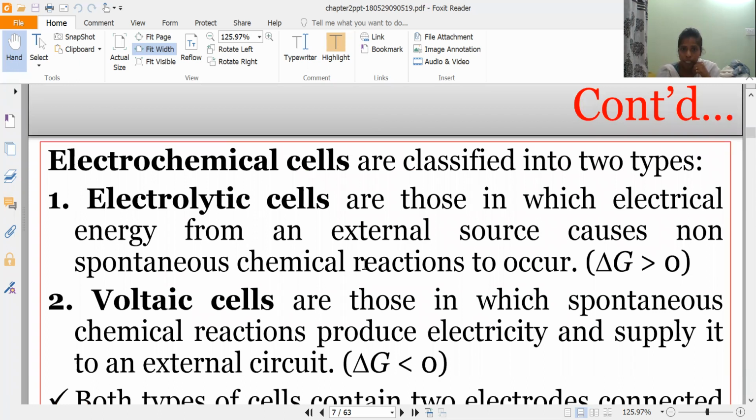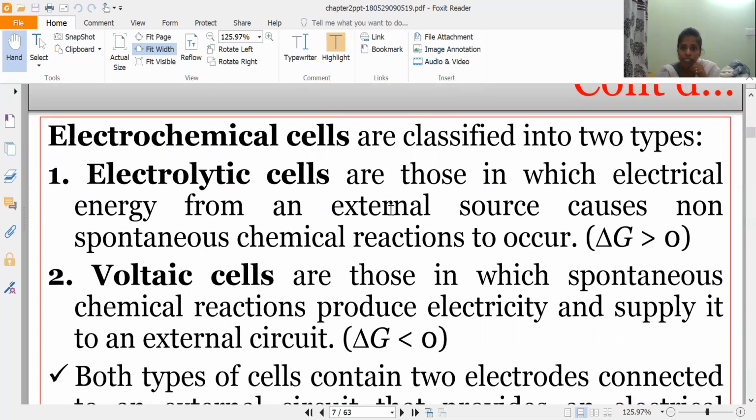Now, electrochemical cells. How many types of electrochemical cells do we have? Two types. One is electrolytic and another one is the galvanic cell. Galvanic cell is also called a voltaic cell. Electrolytic cells are those in which electrical energy from an external source causes non-spontaneous chemical reactions.